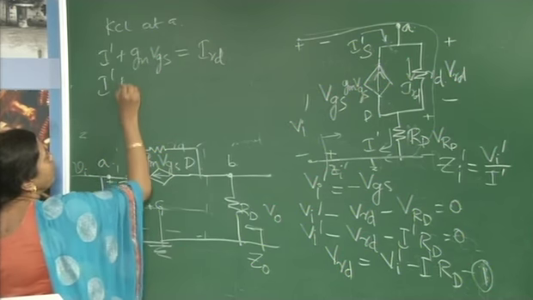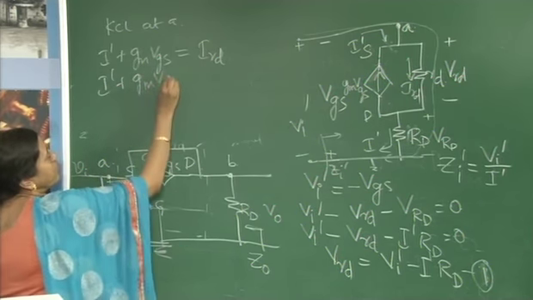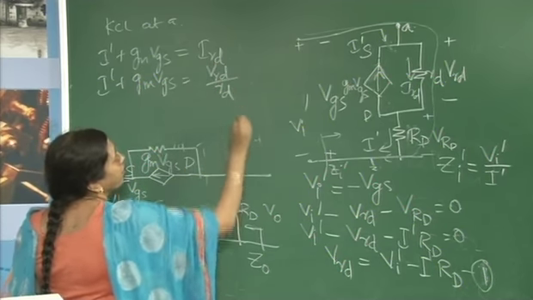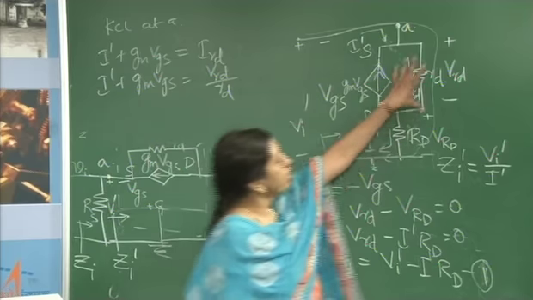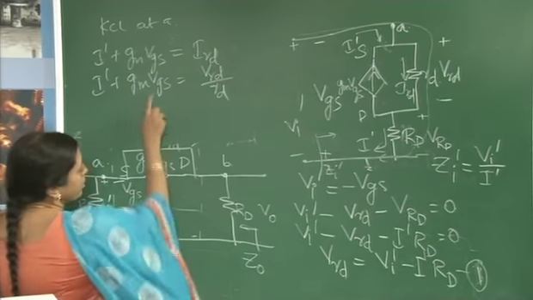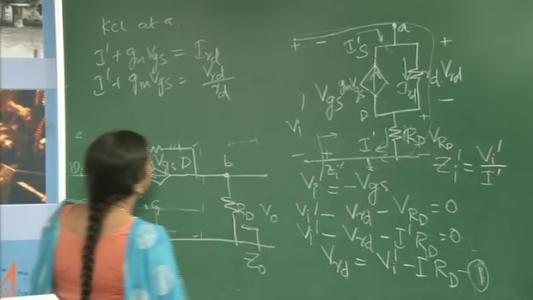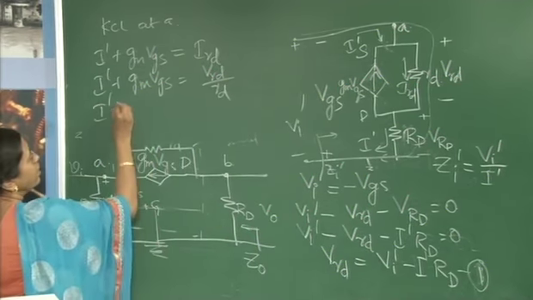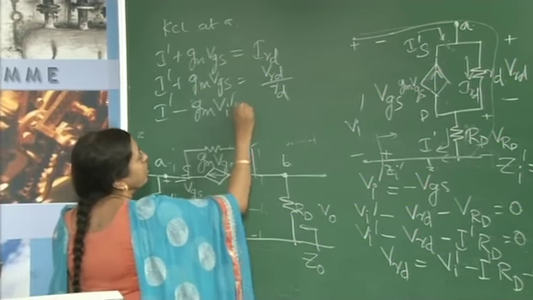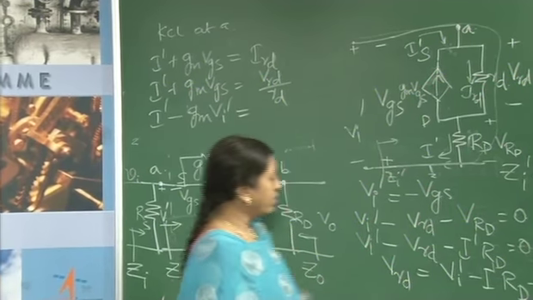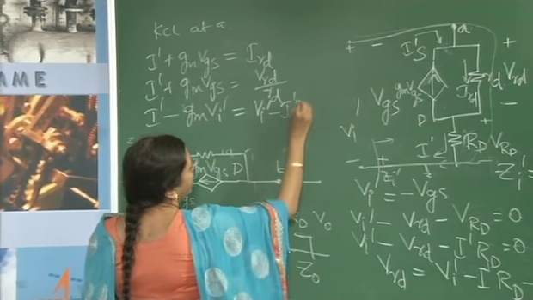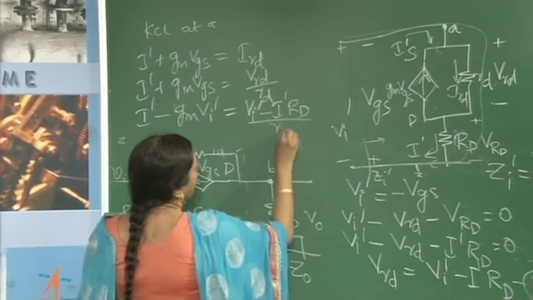So, I dash plus gm VGS is equal to IRD, which is nothing but VRD by RD. So, IRD is nothing but the drop across RD divided by the value of RD. Now, VGS is also equal to minus Vi dash. So, I dash minus gm into Vi dash, substitute for VRD from this expression. So, Vi dash minus I dash RD divided by RD.